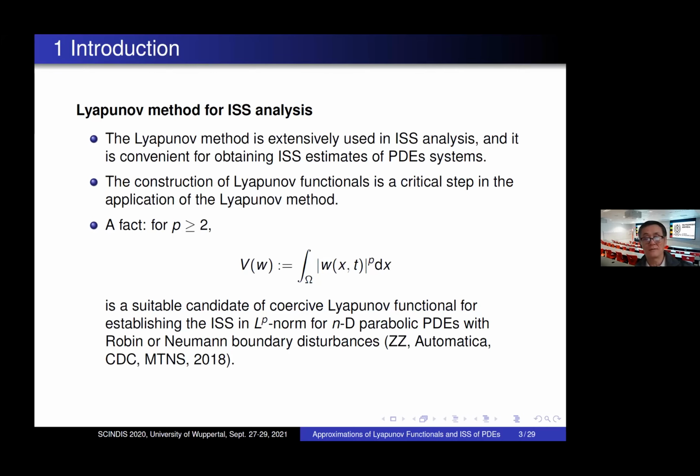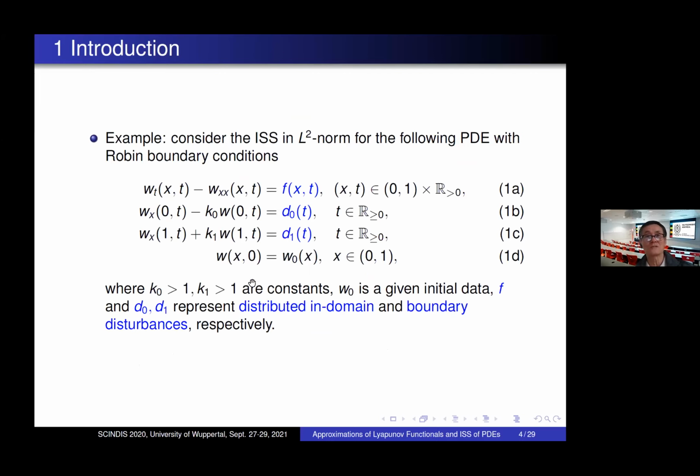To illustrate the application, we consider a simple parabolic equation with f as the in-domain disturbance, and d0, d1 are the disturbances located on the left and the right boundary. We suppose that in this example we consider Robin boundary conditions.